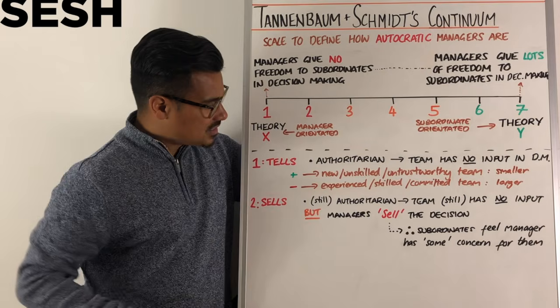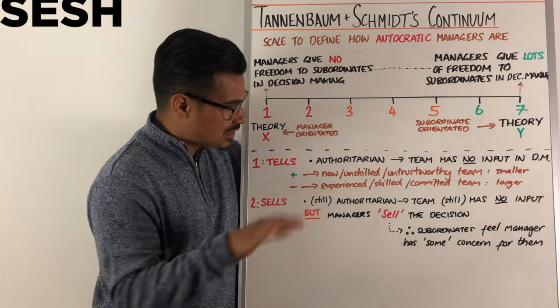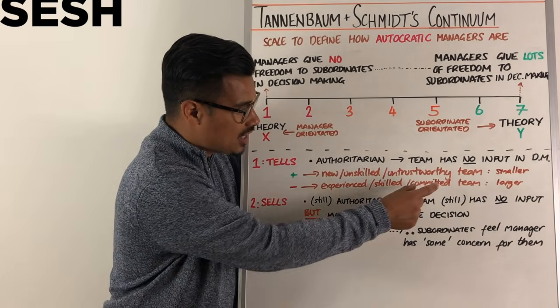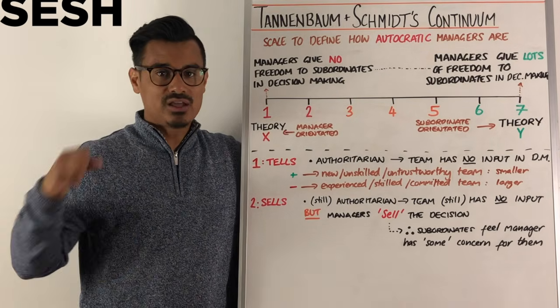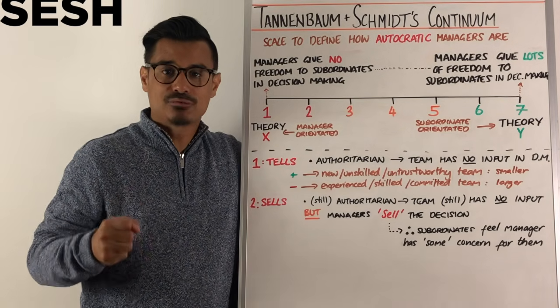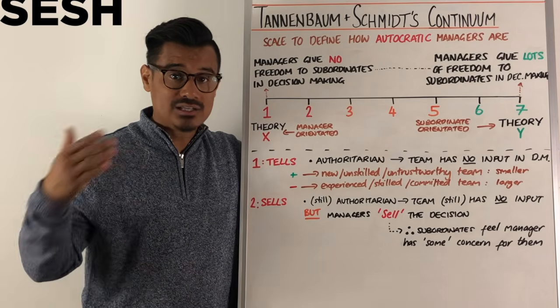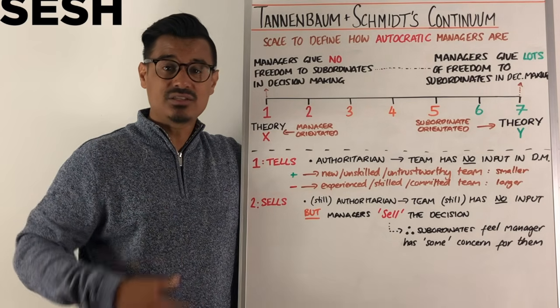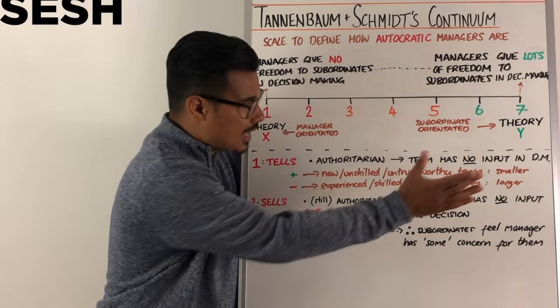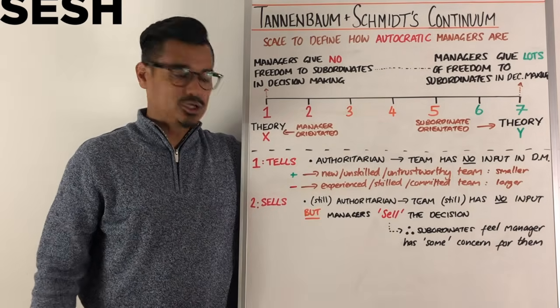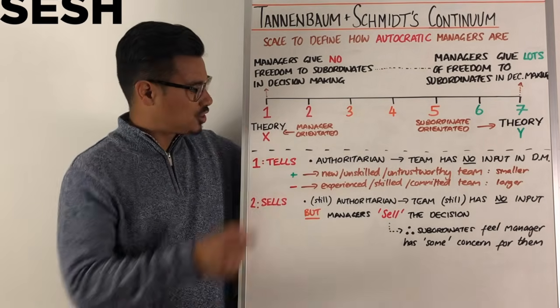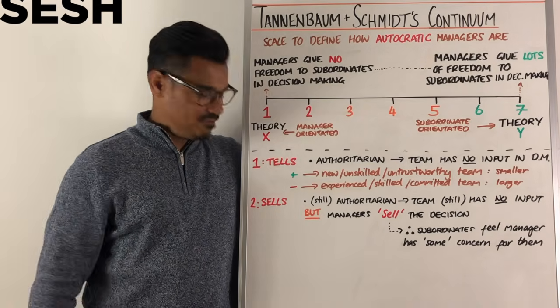But it might not make sense if you have experienced workers because they become demotivated, skilled workers, committed team. They might just feel shackled by the fact that they can't have any say in decision making. They might become demotivated, which could lead to absenteeism, or to them just leaving the business. So issues with staff turnover there. And it might not make sense if the business is larger. Now that's tells. That's the most extreme form, on the Theory X side.